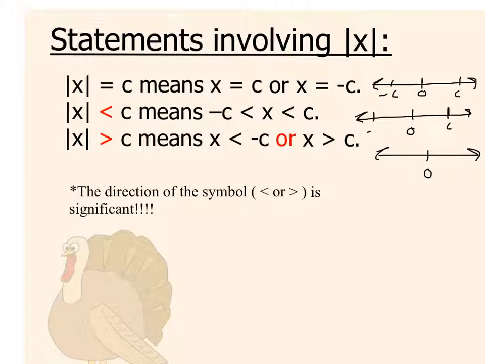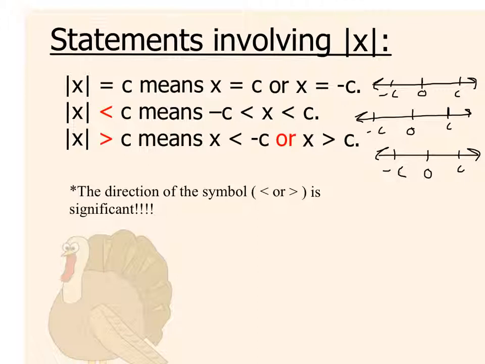Okay? So notice I'm marking C and negative C, because whatever that value is for C, there's one other number that has this exact same absolute value, and that's negative C, because it's on the opposite side of 0, but the same distance from 0.